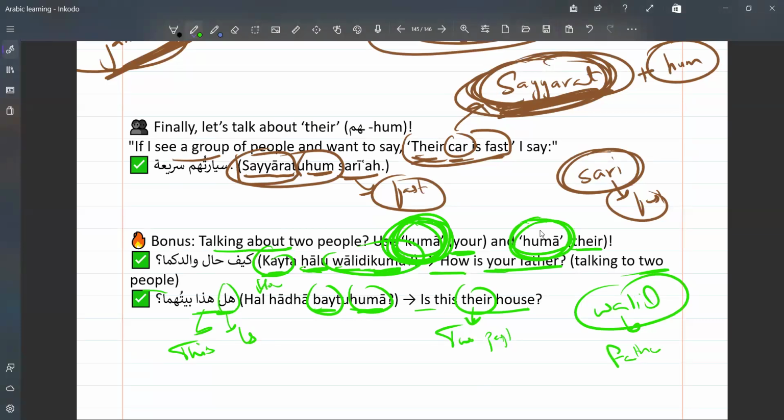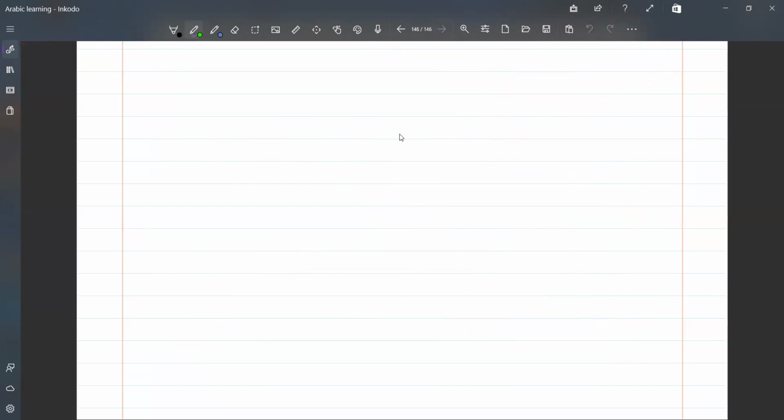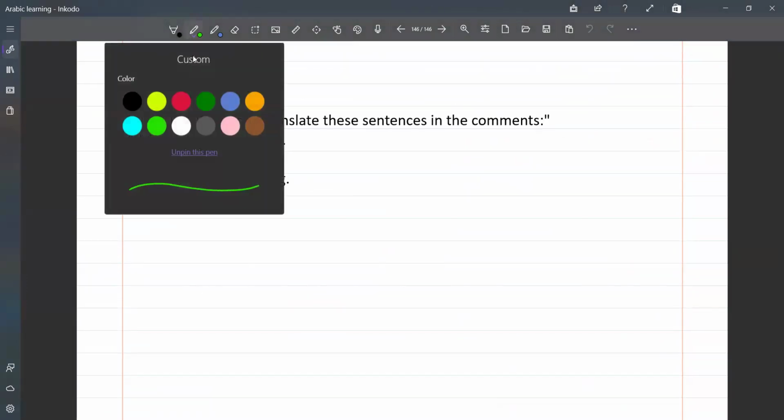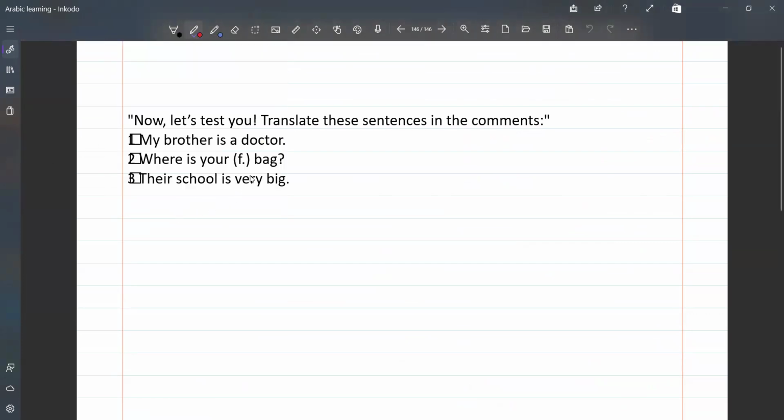Now, the last thing before leaving, these are some questions that you will say in Arabic and write the answer in the comment section. The first sentence is my brother is a doctor. Second is where is your bag, asking a female person. And the third is their school is very big.